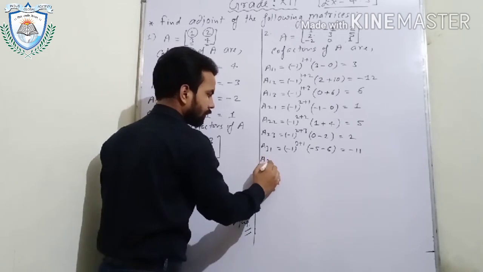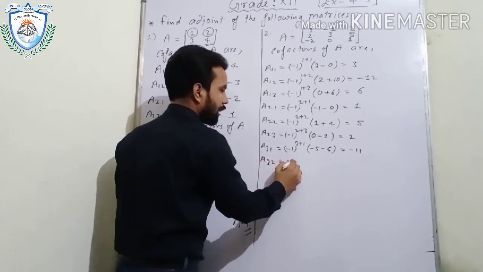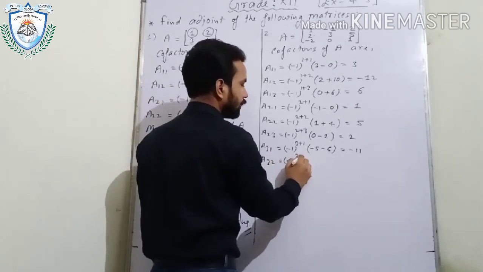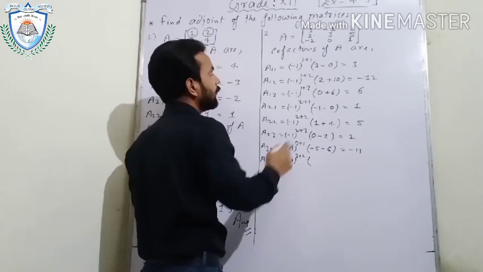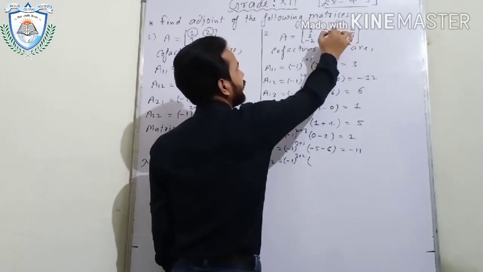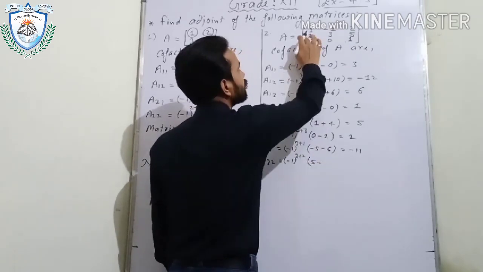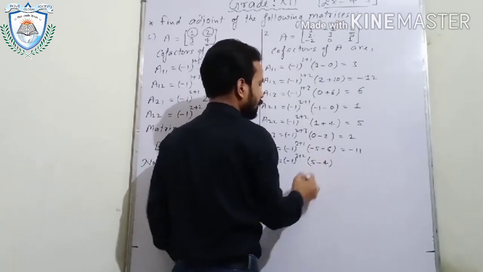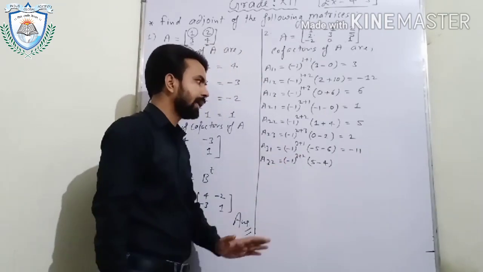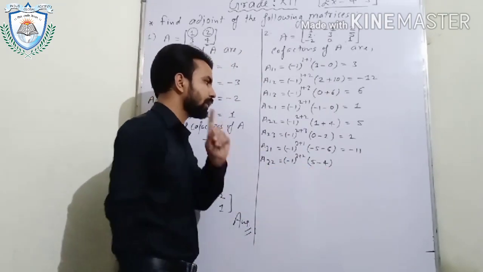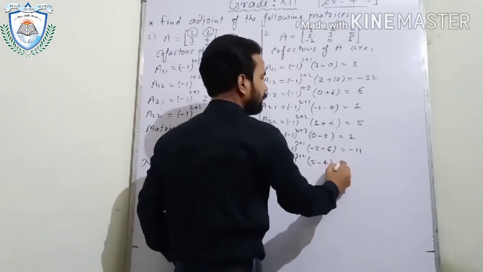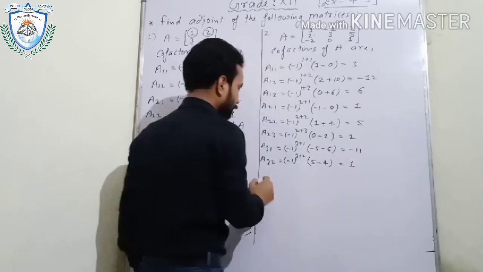Now A32, minus 1 to the power 3 plus 2. Third row, second column. So 5 ones are 5, minus 2 2s are 4. So minus 1 to the power 5 is negative 1, and 5 minus 4 is positive 1. So negative 1 into positive 1, that is negative 1.